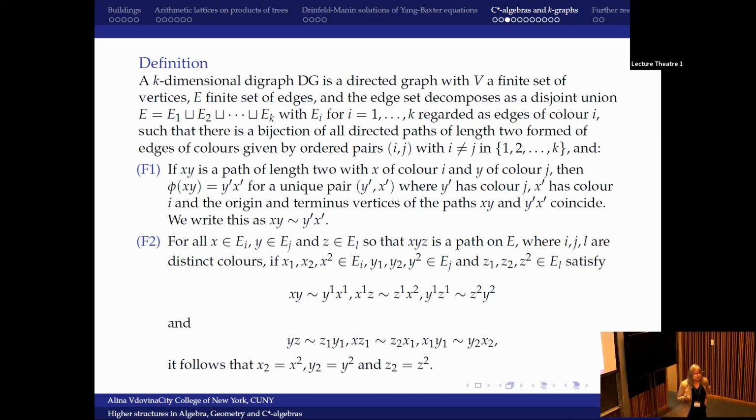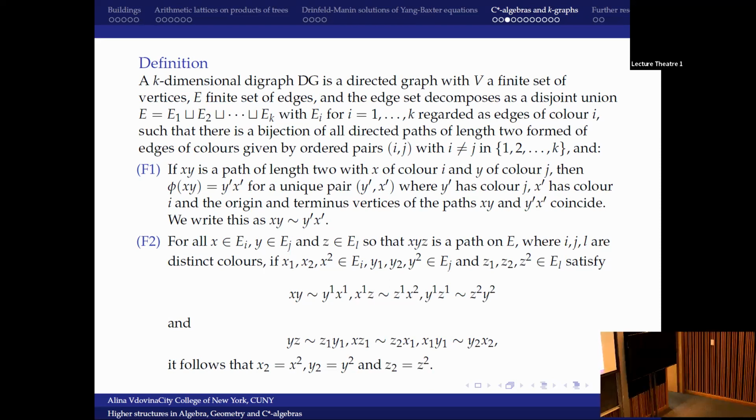We should emphasize that you can think about each E_i as an alphabet, and the edges of our graph are marked with letters of different alphabets, in such a way that if we have 2 different edges, then they are marked by different letters of this alphabet.